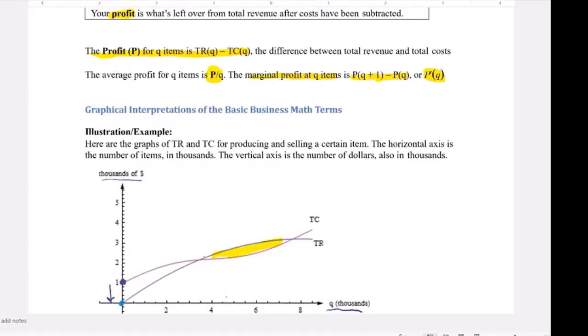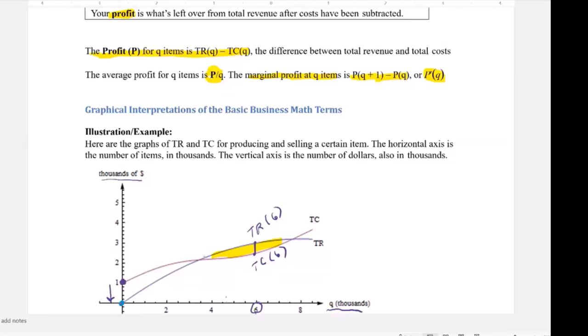If I wanted to find my profit at, for example, 6, I would go up and I would say, it's the distance between these 2 points vertically. This is the total revenue of producing 6 things, and this is the total cost of producing 6 things.